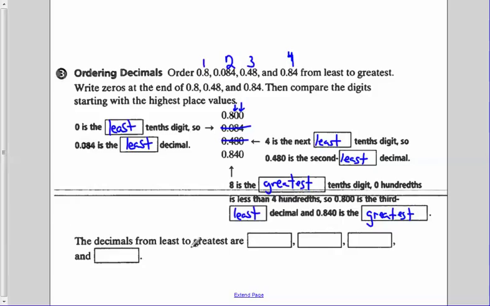So if we were to write these out from least to greatest, I have 0 and 84 thousandths, followed by 0 and 48 hundredths, followed by 0 and 8 tenths, and our greatest one was 0 and 84 hundredths.